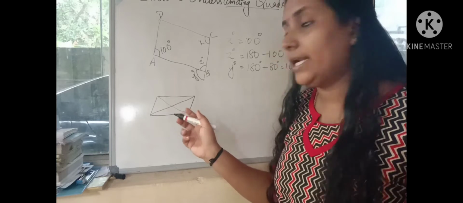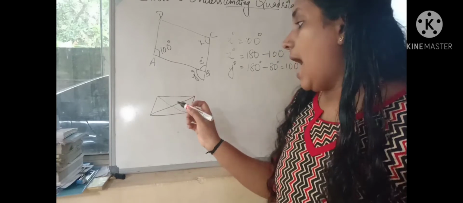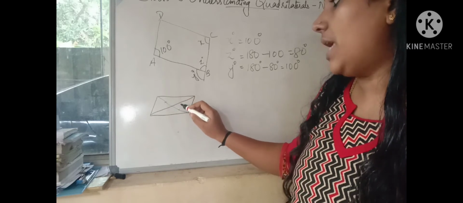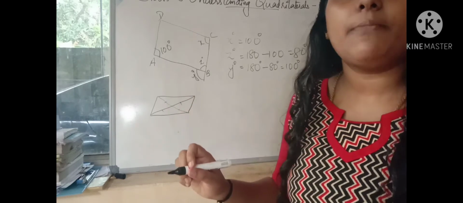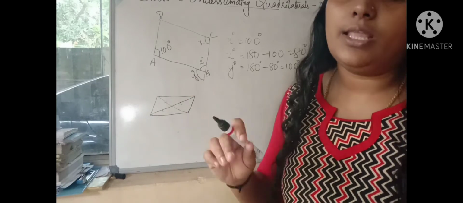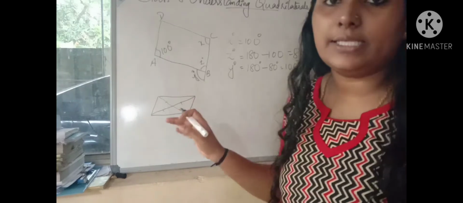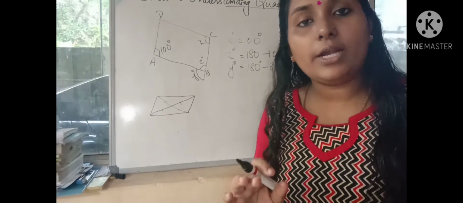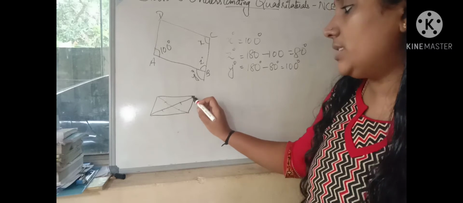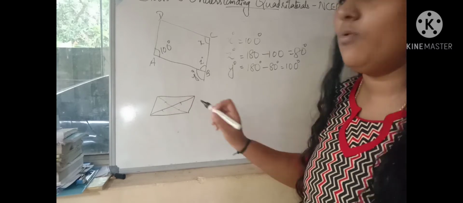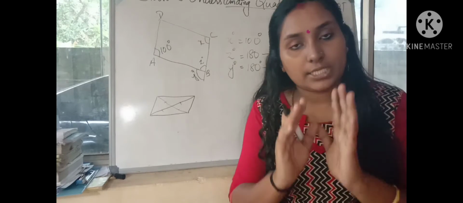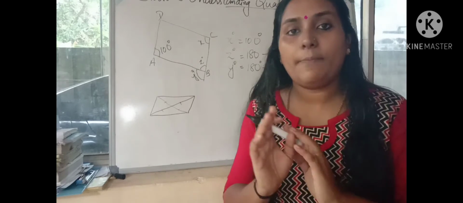These are the two diagonals of the parallelogram. Here, we will not get the same measure for the sides when the diagonals intersect or bisect each other. This side will not be equal to this side, and this side will not be equal to this side. This is the description of the diagonals of a parallelogram.